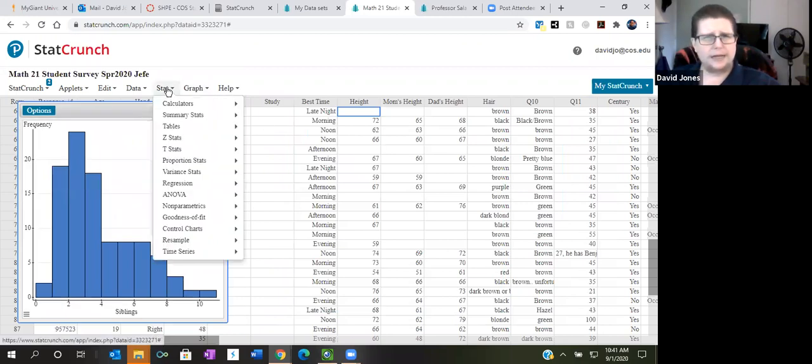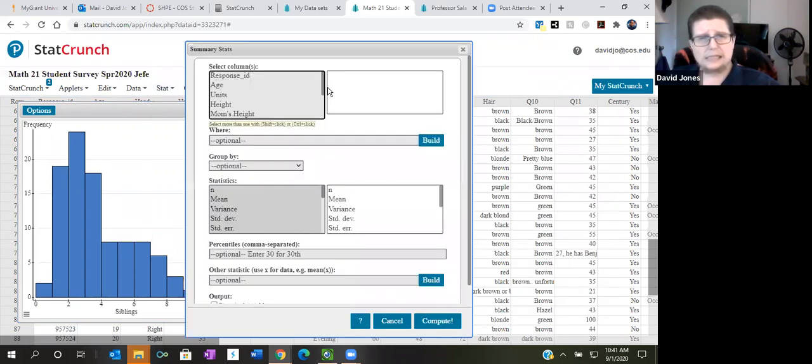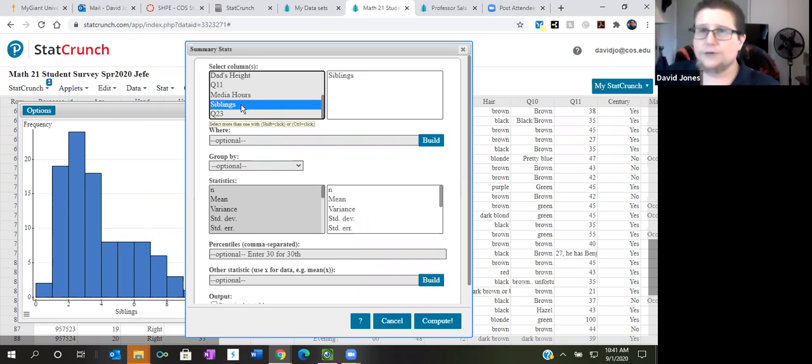So I'm going to go stats, summary stats, columns. I'm looking at siblings. This has to be data that is numerical. You cannot find the IQR using colors, like the color of hair or stuff like that.